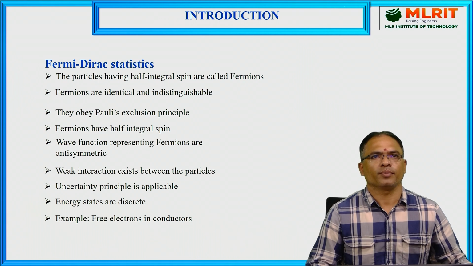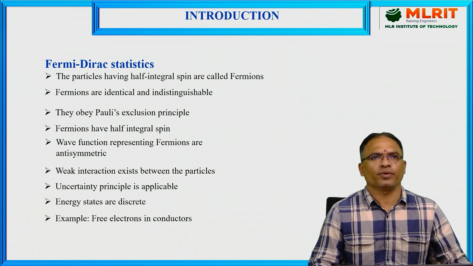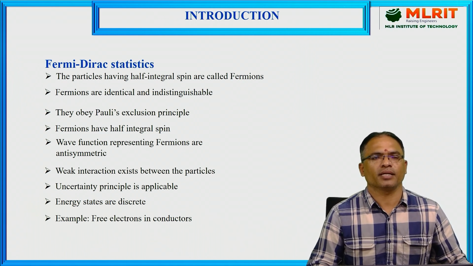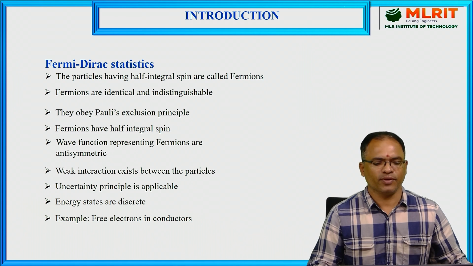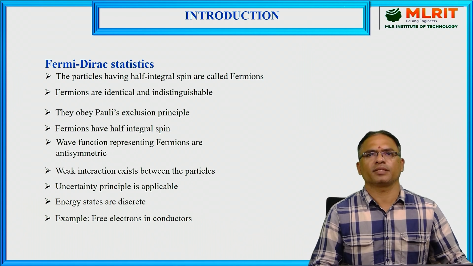So now coming to the introduction. Before going to discuss Fermi-Dirac statistics or the Fermi-Dirac distribution function, we need to know about different types of statistical distribution functions that exist to explain the behavior of particles. There are different types of particles based on their spins.